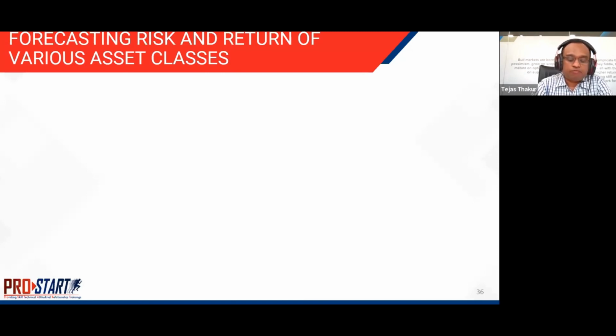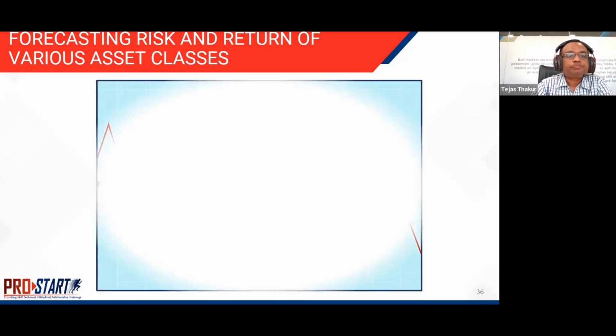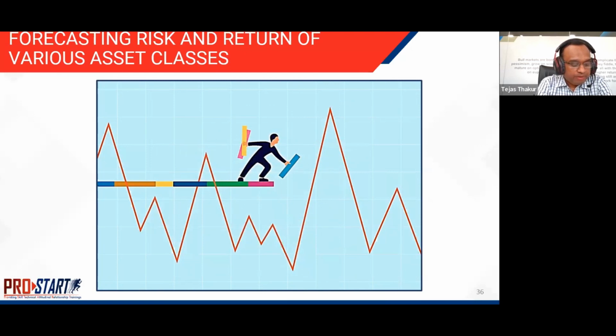Forecasting the risk and return of various asset classes. Portfolio management is the process of integrating two sets of information. The first is the investment objectives, goals and requirements, personality type, phase of life cycle, as we discussed. The second set required is the capital market forecast that establishes the expected risk return opportunities available to the investors.